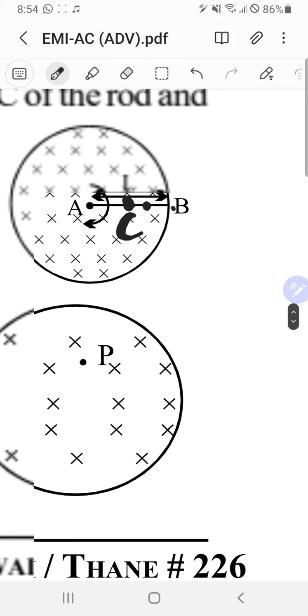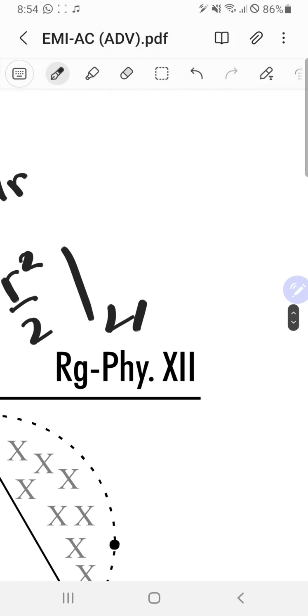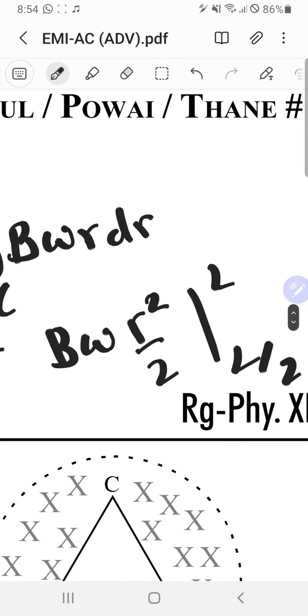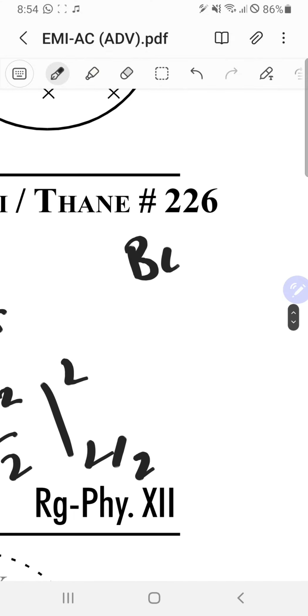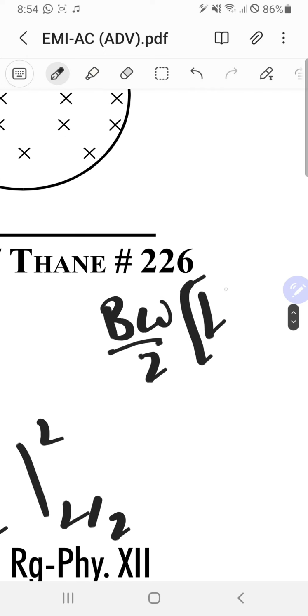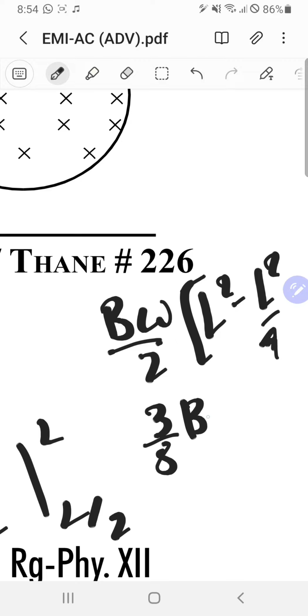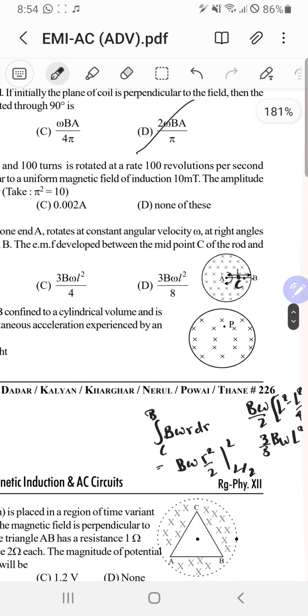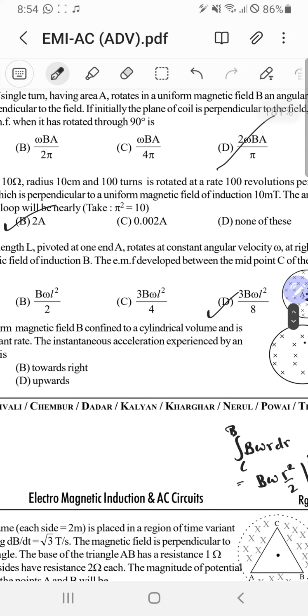At C, the thing is L by 2, and then it goes to L, right? So b omega upon 2, and then r squared should be L squared minus L squared by 4, right? So 3/4, so 3/8 b omega L squared. Let's see if that's in the options. Yes, it is. Right, cool.